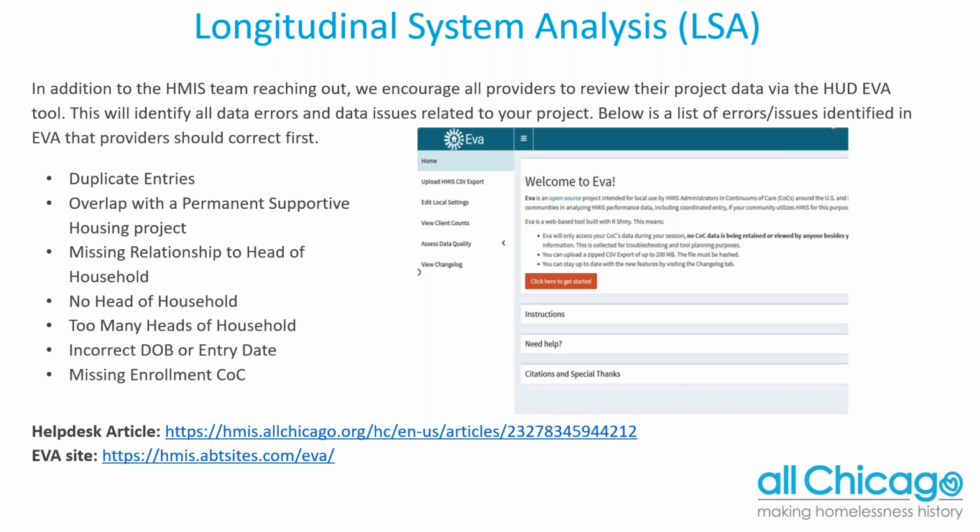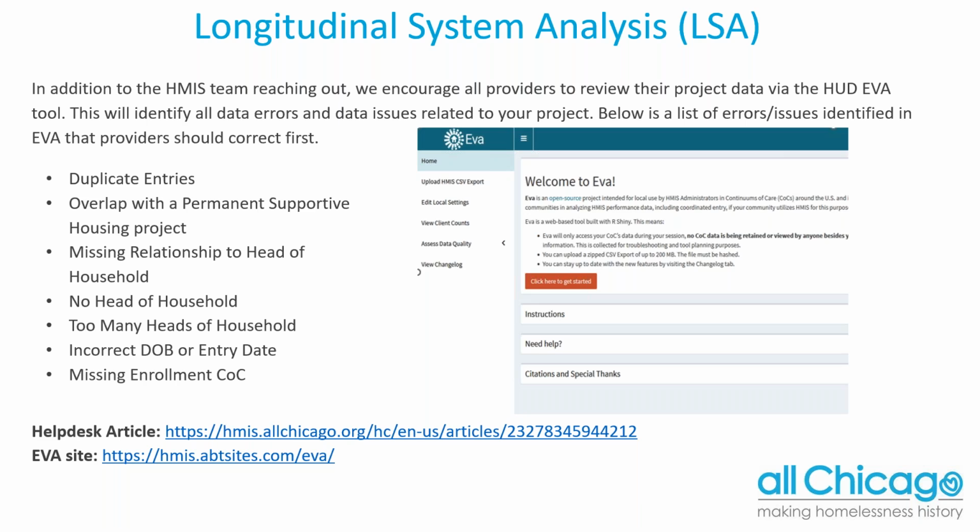So: duplicate entries, overlap with a permanent supportive housing project, missing a relationship to head of household, no head of household, multiple heads of household, incorrect date of birth or entry date missing, and there's an entry for the CoC, which in our case is always IL 510.